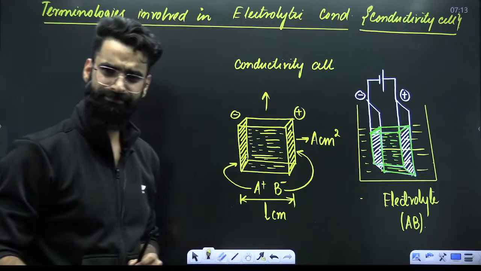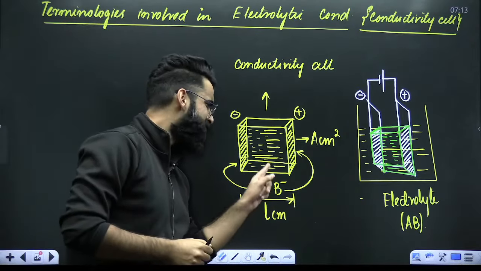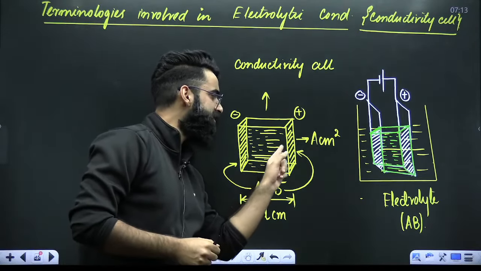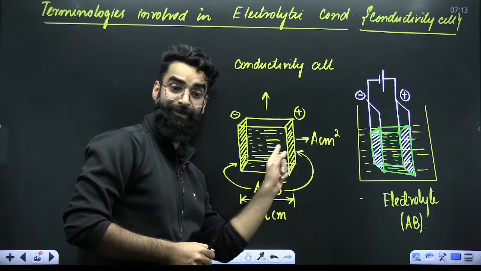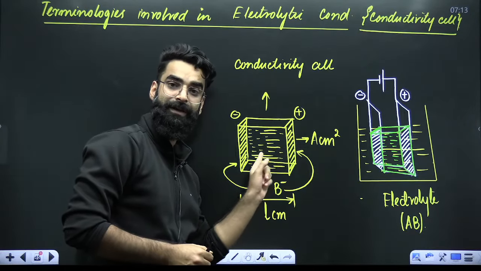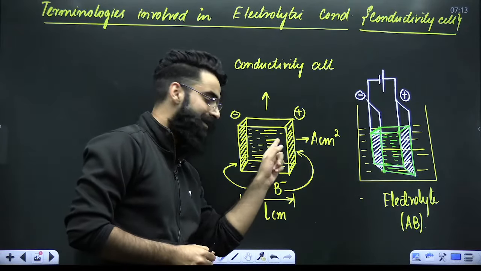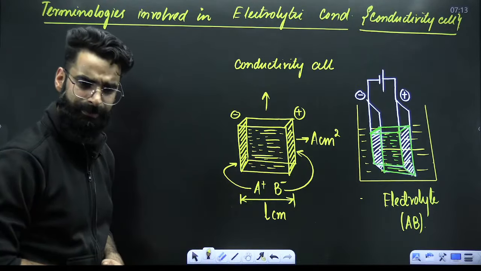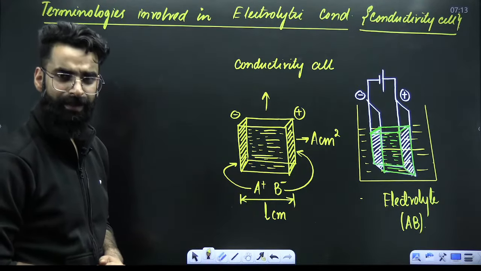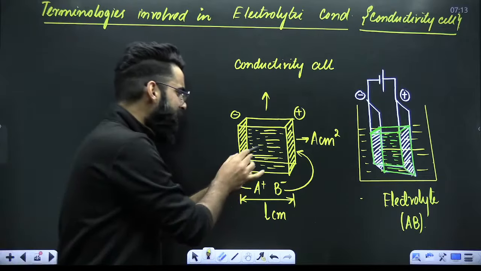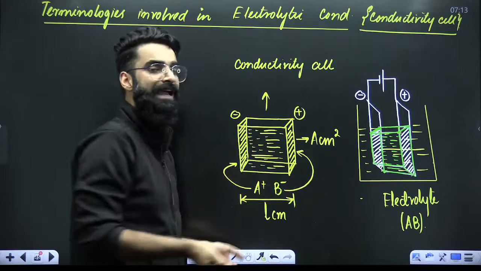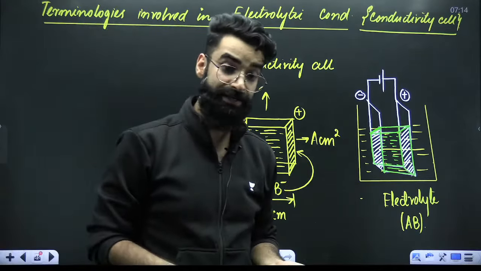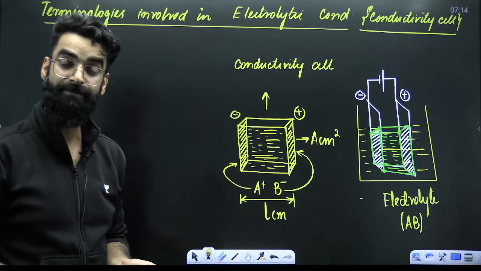Similarly, when this B negative will be going towards the positively charged plate, during its movement, can I say there will be some A positive which will be attracting this B negative towards itself? Absolutely. Do you see any obstruction in the movement of the ions? Absolutely, there is obstruction in the movement of the ions.